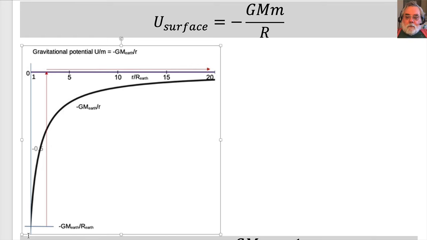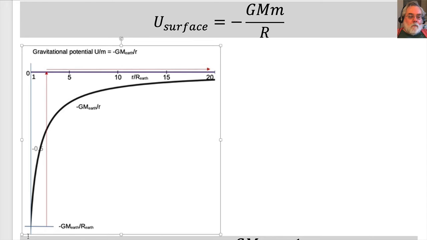the large object. If we can give the small object, for example a rocket, enough kinetic energy, the total mechanical energy can be 0 or positive, and the small object is no longer gravitationally bound to the large object and can escape to infinite distance, as shown by the red arrows.